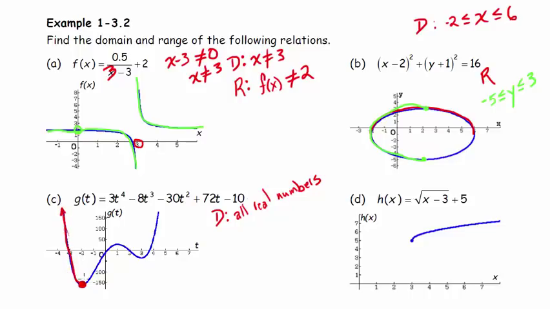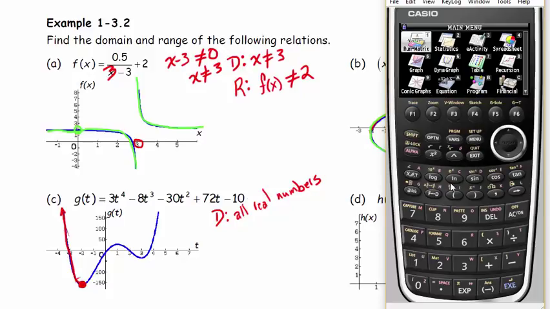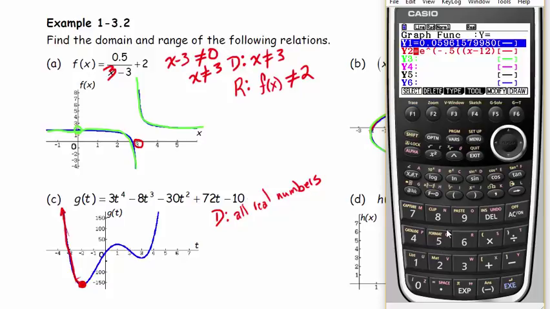Now what I need to do is figure out what that value is, which is why we're going to need the calculator to help us. We're going to use the technology here. So first thing I want to do is go to my graph menu and enter my equation.